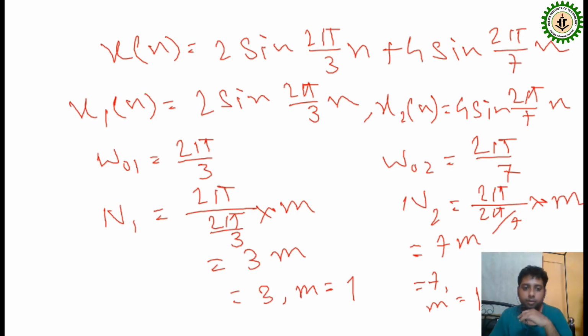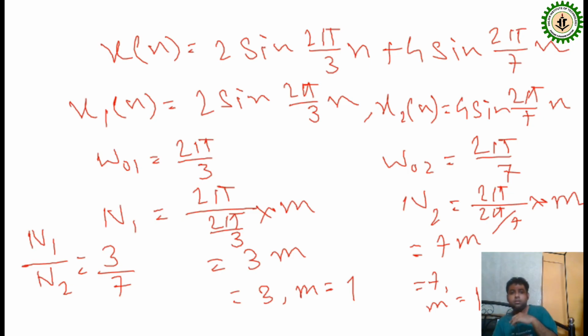That is, the fundamental period for the first case is N1 equal to 3, and for the second case N2 is equal to 7. Now if we take the ratio of the fundamental periods, N1 by N2, we get 3 by 7. So this is a rational number.